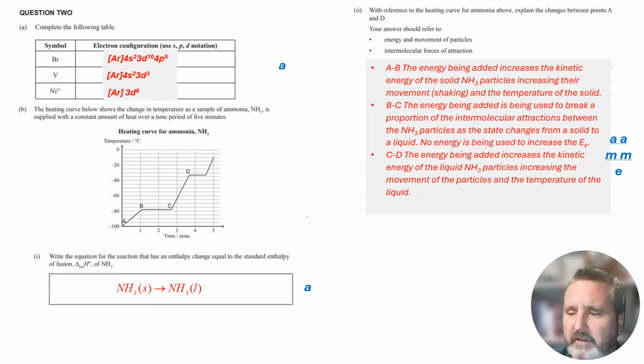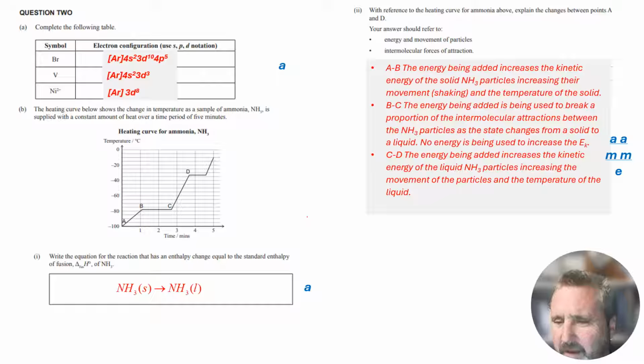Did you link the change of kinetic energy to the particle movement? So did you say, okay, we're getting more kinetic energy, so the particles are moving faster? That's a merit point. Did you link why the temperature does not change in B to C? Did you say, okay, B to C, there's no change in temperature because the energy is being used to break the bonds, right?